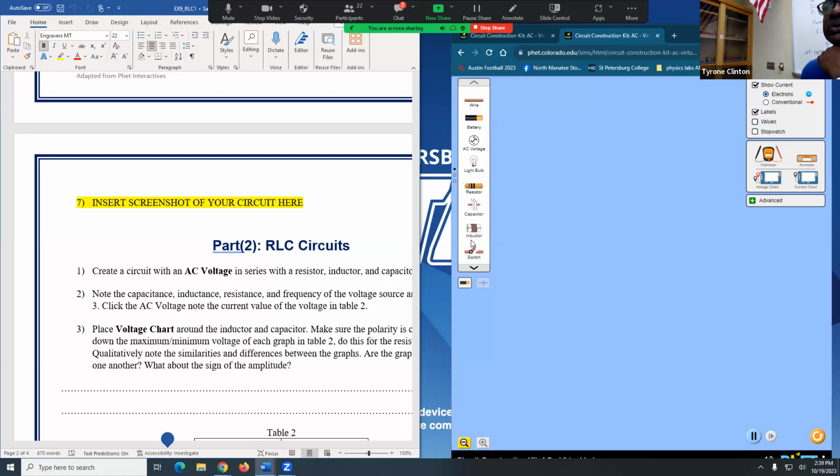So we're going to grab the AC voltage piece. We're going to grab a resistor. So we'll just grab that one. There's another resistor in here. I think it's another lab that has a lot more resistance, but this is enough for us.